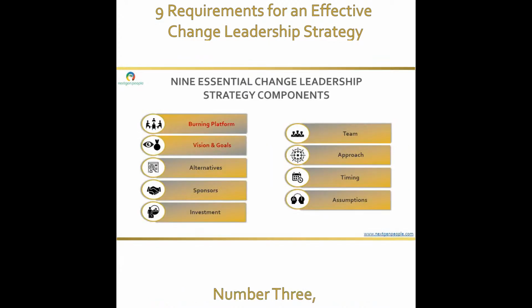Number 3, as far as the strategy steps that are needed for change leadership, all alternatives should be identified. Sometimes as leaders, we want to know exactly what we want to do, and we don't want to see any B or C option. That's fine if your mind is made up, but you want to be educated on those alternatives.